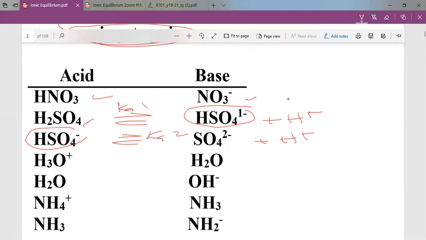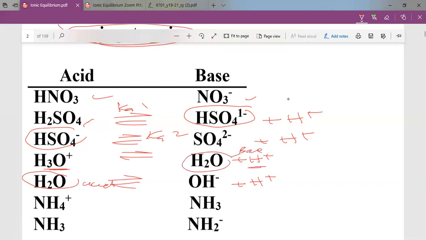Now water can act as an acid because it gives H plus. Water can also act as a base because it can accept H plus, so the hydrogen ion goes to the water. So in this case it acts as an acid, and in this case it acts as a base because it accepts H plus.